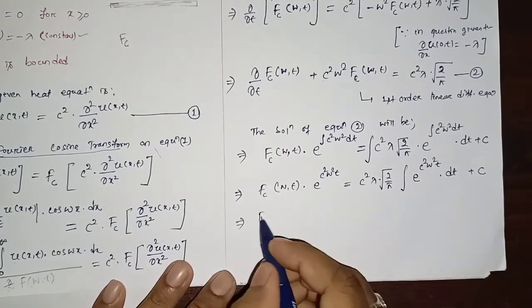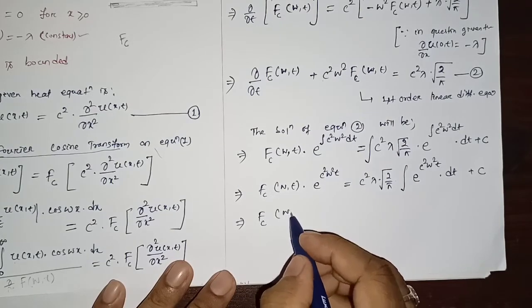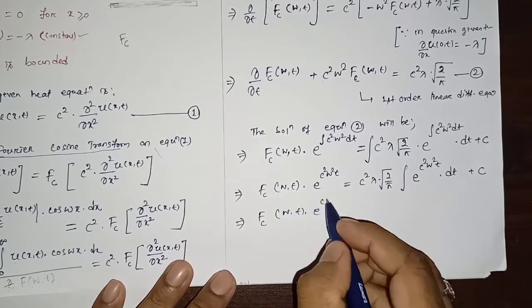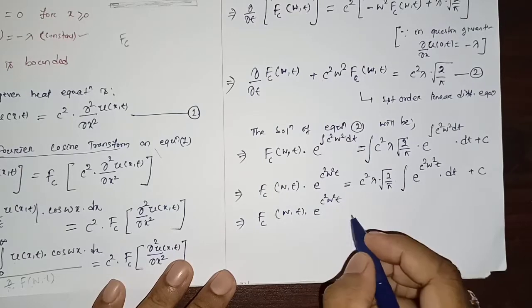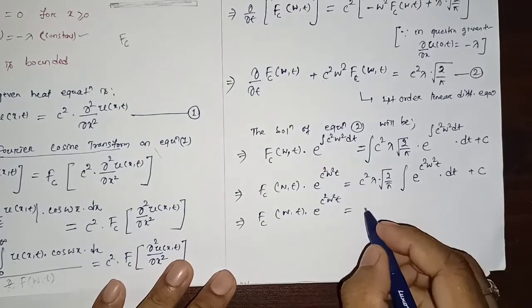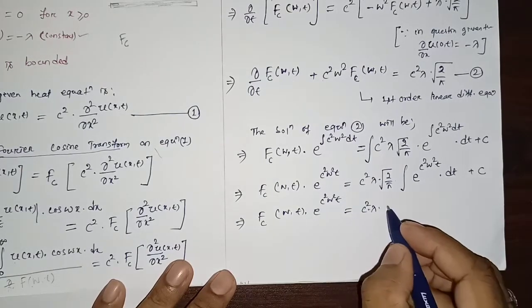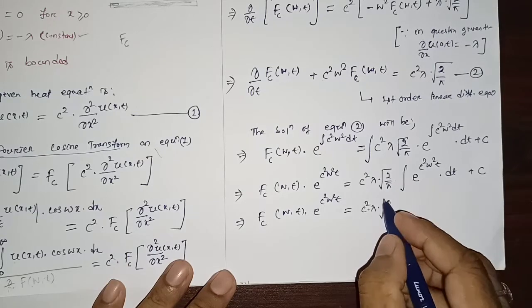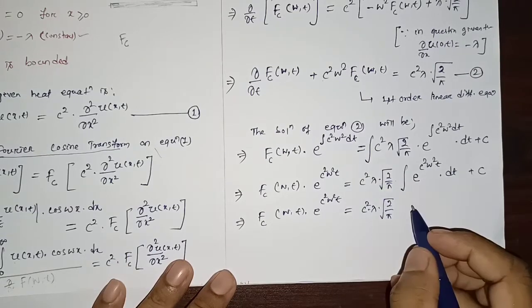That implies f_c(ω,t) into e to the power c²ω²t is equal to c²λ times root over 2 by π, these are constants written as such.